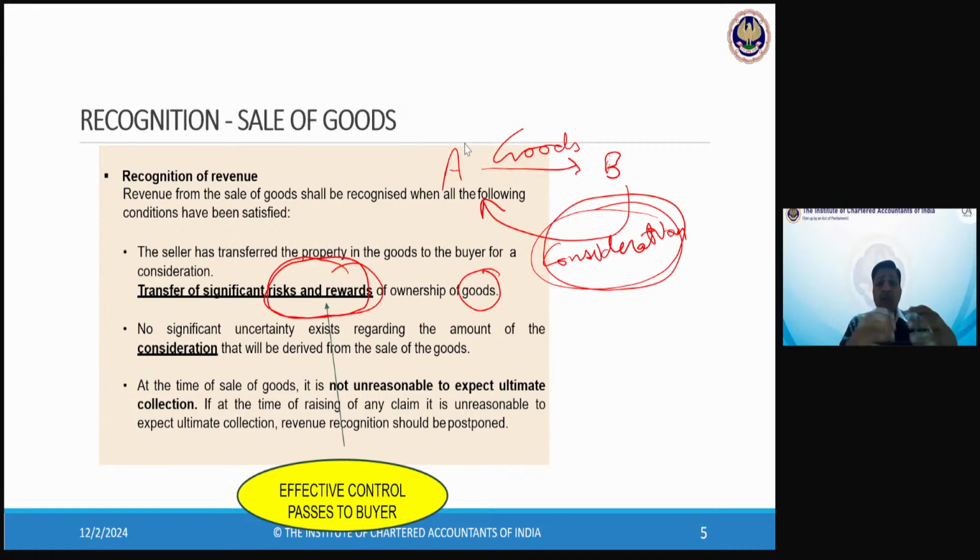So we are talking about the day when you are executing a transaction, and that is when you want to check whether this particular transaction should be called a sale or not. Because if you call that it's only a transfer but not a sale, then you will not recognize sale, you will not recognize debtor. So that's the point we need to look at.